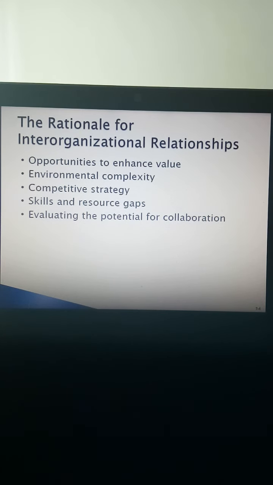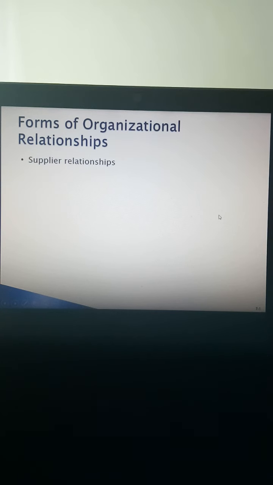And the third question to ask is: do relationships fit the firm's culture? That is important. All right, next, move to the next slide, which lists forms of organizational relationships.